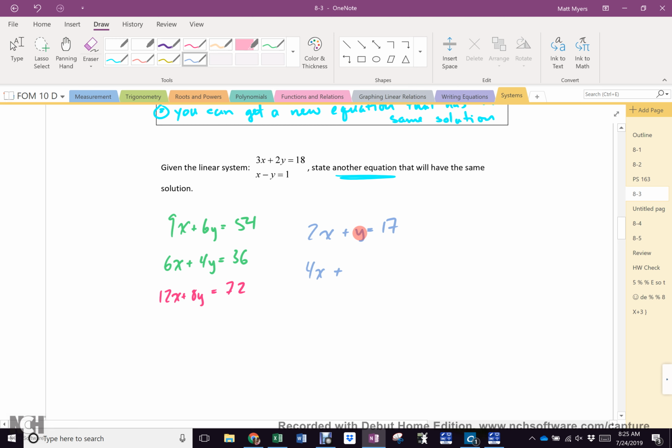This is wrong. No, this is right. Yeah, carry on. 4x. $19. This one's wrong. Why is that one wrong? What's 2 minus minus 1?